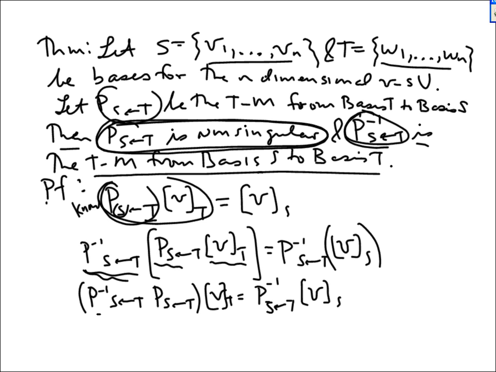Okay, this is the identity matrix. Save a line, identity matrix times that matrix is just that matrix. And it equals this.